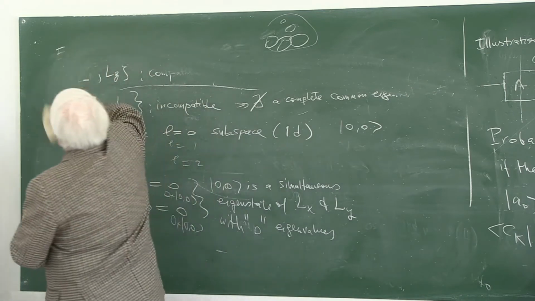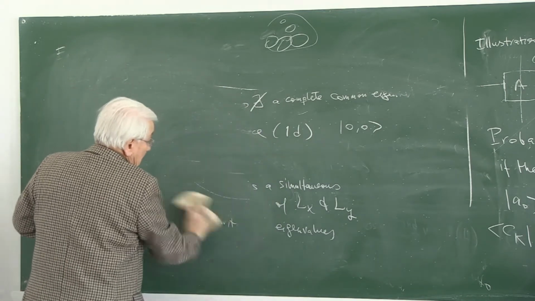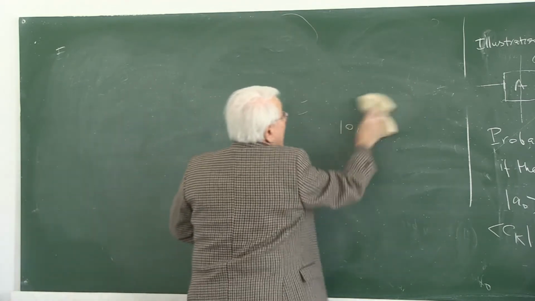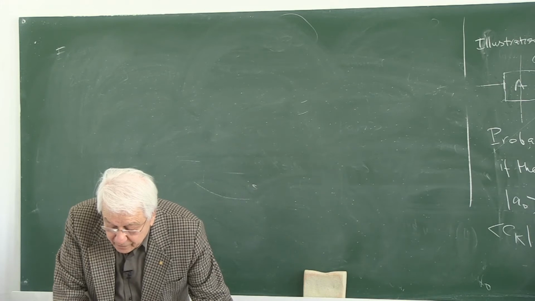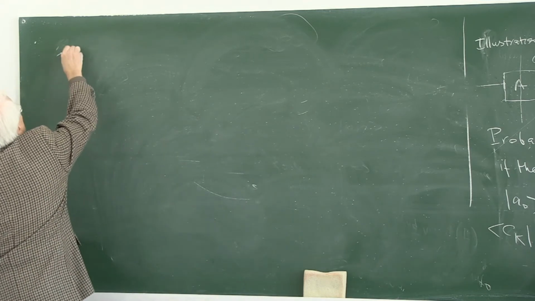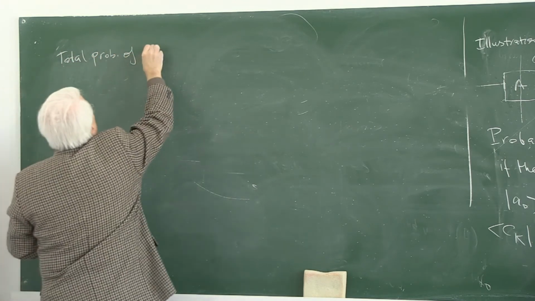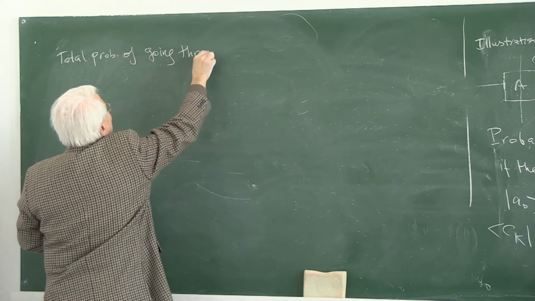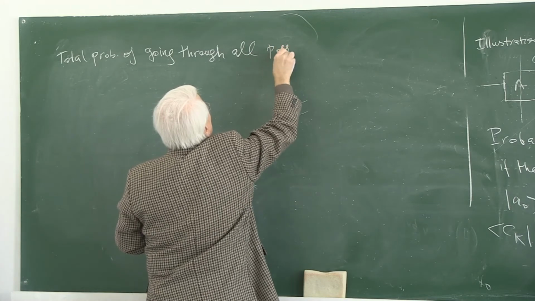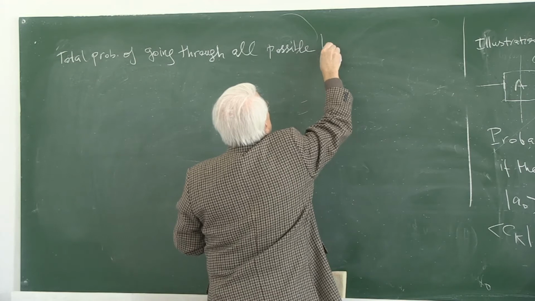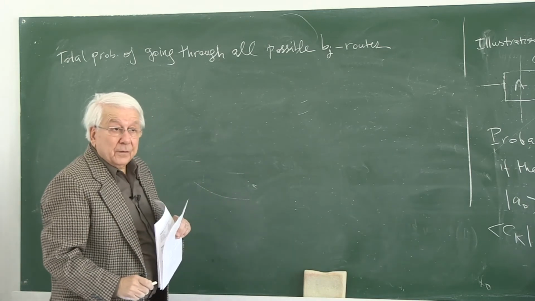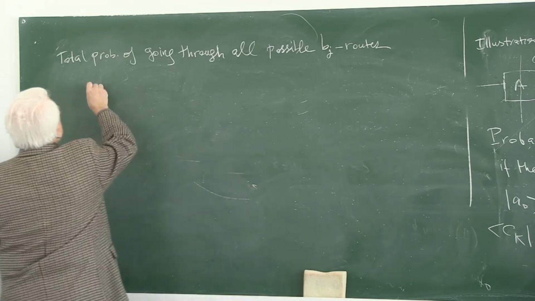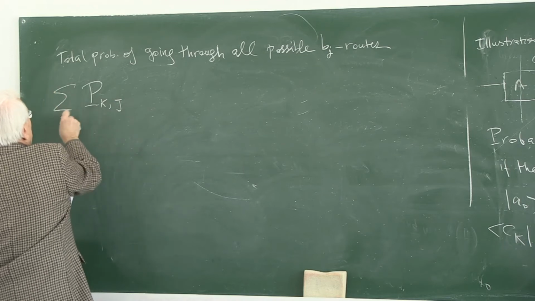So, the statement: sum over B_j, B sub little j, to consider the total probability for going through all possible B routes. The total probability of going through all possible B_j routes would be obtained by taking that expression P_kJ and summing over that J, right?